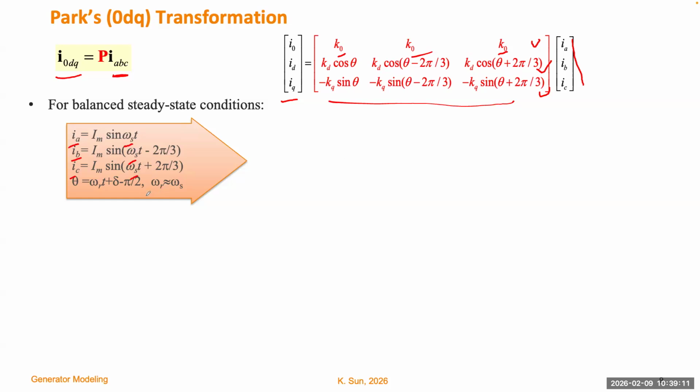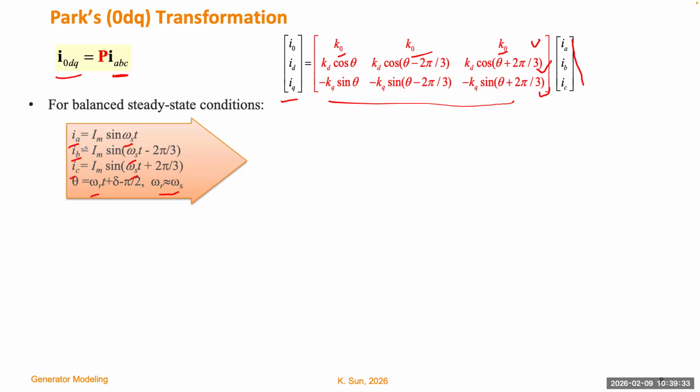And if the rotor is revolving at angular frequency omega r, that's the same as the synchronous frequency. The synchronous frequency is 60 hertz. Angular frequency is 60 multiplied by 2 pi, which is 377 radians per second.